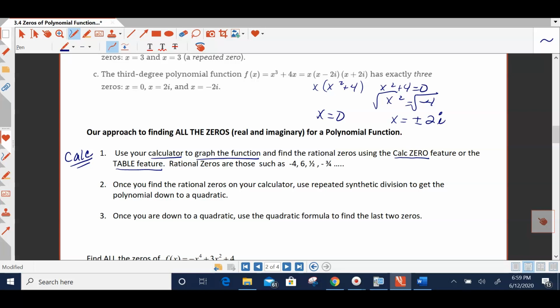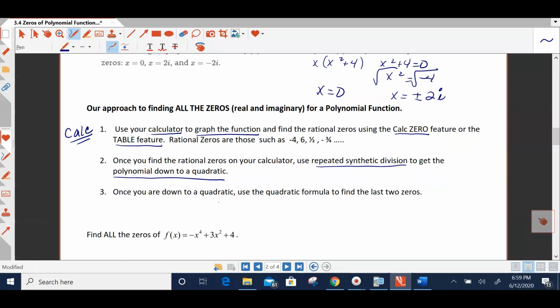Once I've gotten all that I can from the table feature or the Calc 0 feature, then I'm going to use repeated synthetic division to get the polynomial down to a quadratic. So I'm going to get what I can from the calculator, use synthetic division, get that polynomial down to a quadratic, and once you have it down to a quadratic, you're home free.